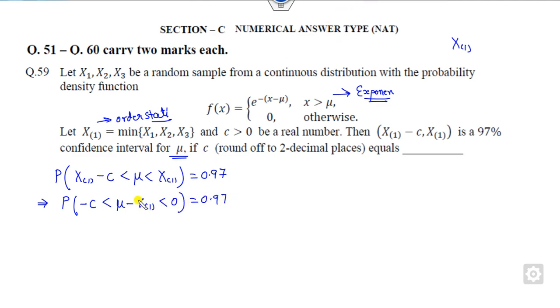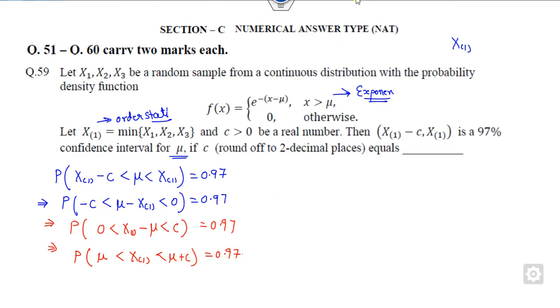Now I can multiply with a negative sign, so this becomes mu minus c less than X1 less than mu, which is my 0.97. If it's a probability, then I can write this as the integral from mu to mu plus c of the PDF of the ordered statistic X1, which is 0.97.